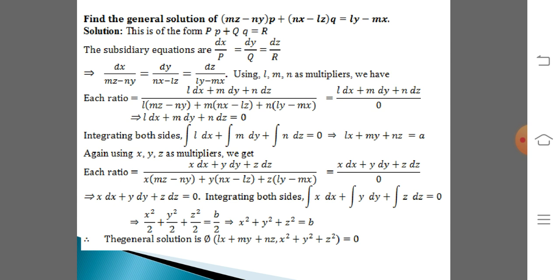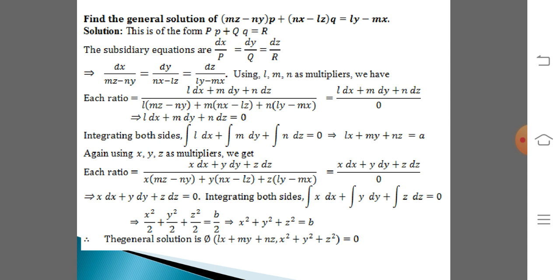The given equation is exactly of the form Pp + Qq = R, where P = mz − ny, Q = nx − lz, and R = ly − mx. Just substitute these values in the auxiliary equation dx/P = dy/Q = dz/R. We have dx/(mz − ny) = dy/(nx − lz) = dz/(ly − mx).